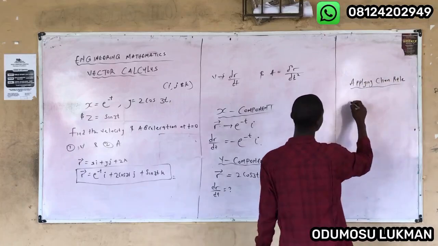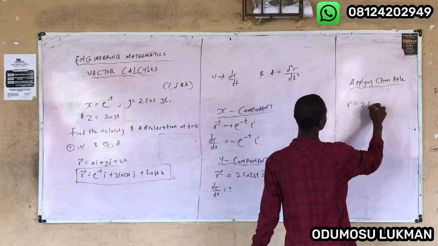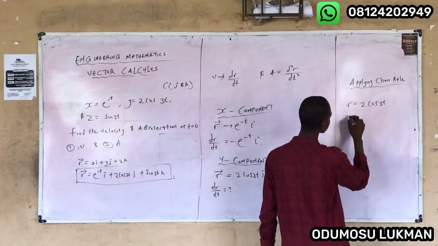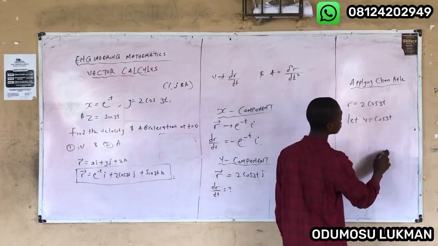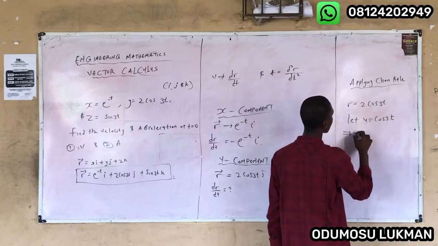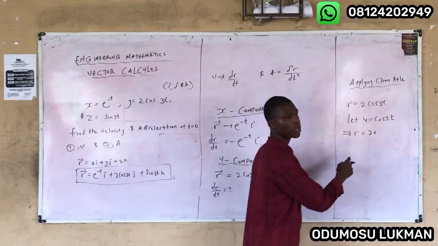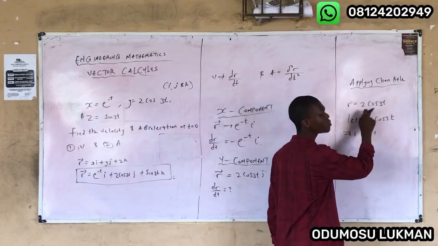We have r equals 2 cos 3t. Now let u equal cos 3t. If u is equal to cos 3t, it means that r is equal to 2u.